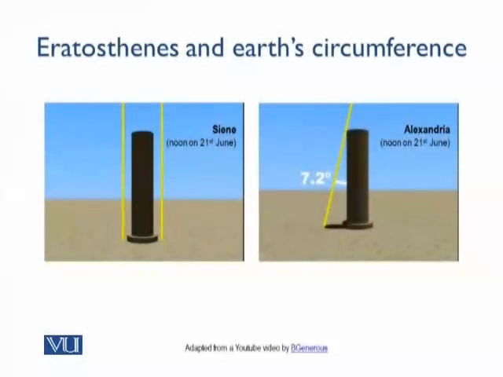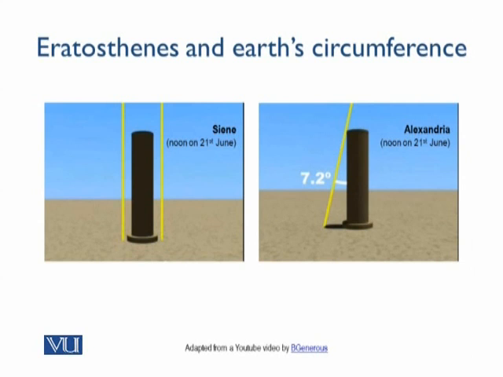So if you observe the figures on the slide now, you would see that in Syene at noon on 21st June, the rays actually pass parallel to the vertical pole, and it did not cause any shadow. But the same day, same time in Alexandria, it was causing an angle of 7.2 degrees.